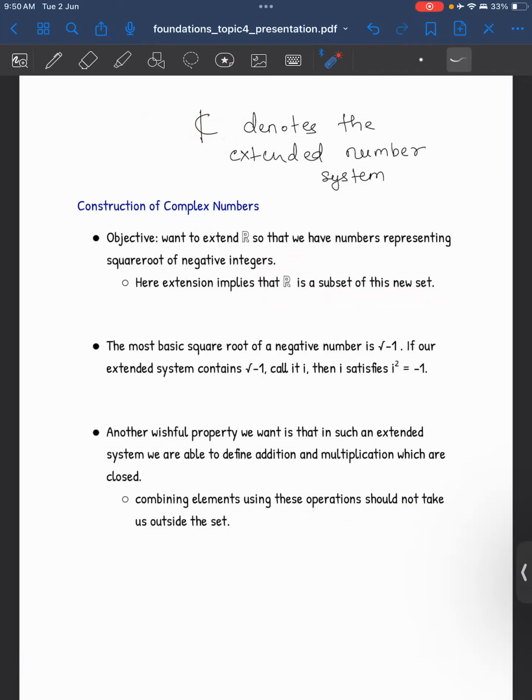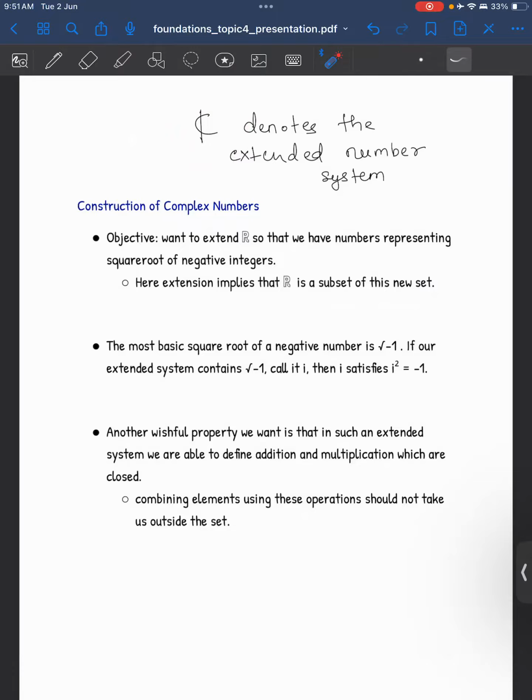That is, whenever we operate on two real numbers, we will always get a real number whether it's an addition or a multiplication. And the additive identity and the multiplicative identity carry forward in these extended operations over C. So this is roughly our objective while we are constructing the set of complex numbers.